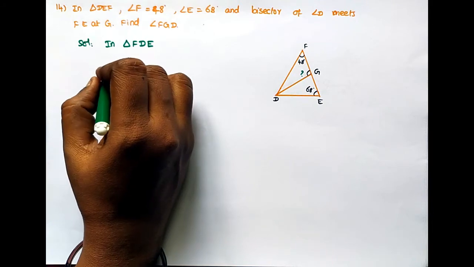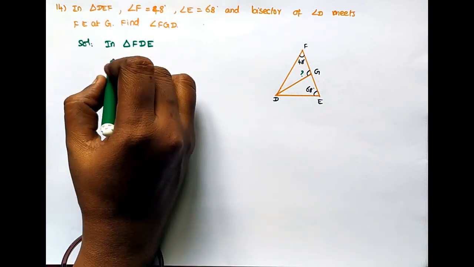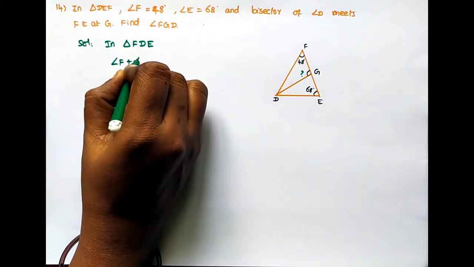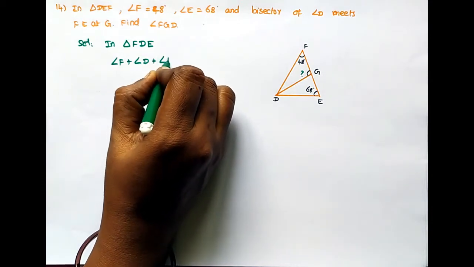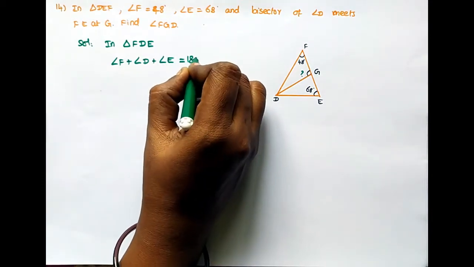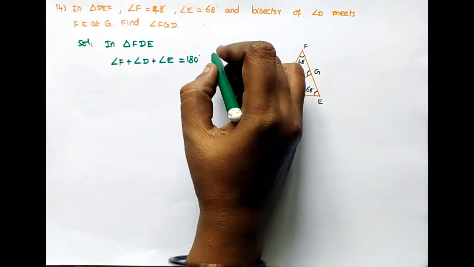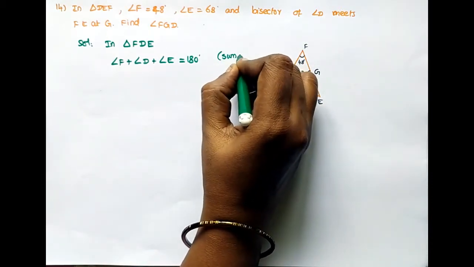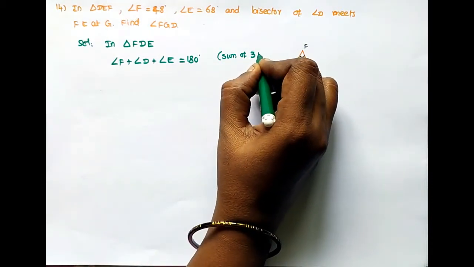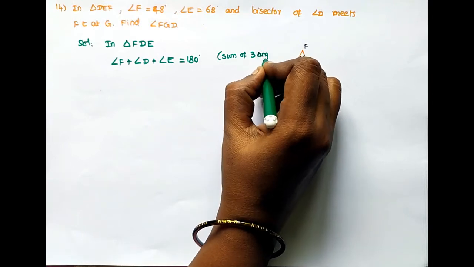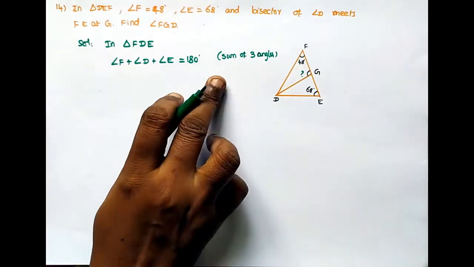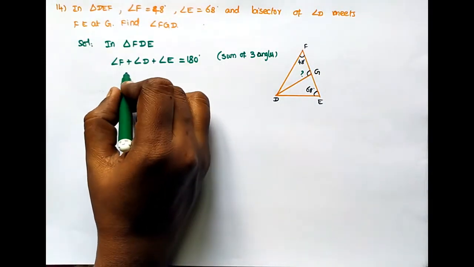That is the angle sum property of a triangle: angle F plus angle D plus angle E equals 180 degrees.